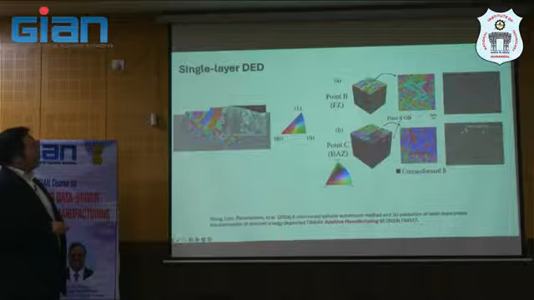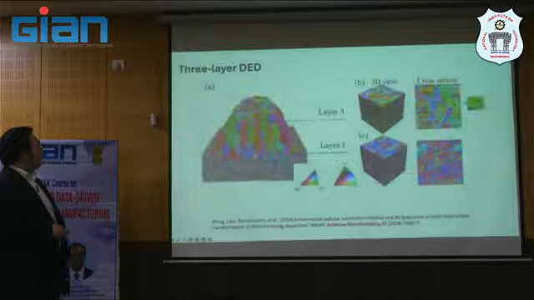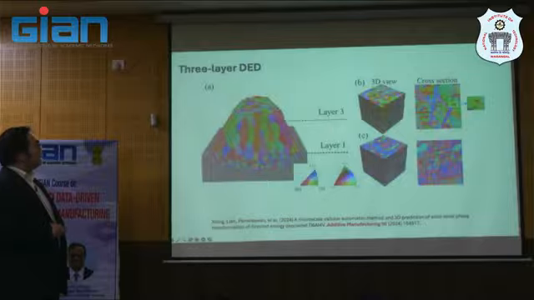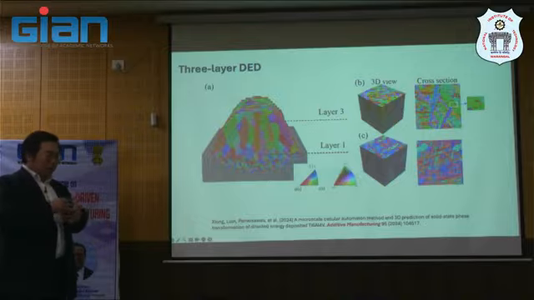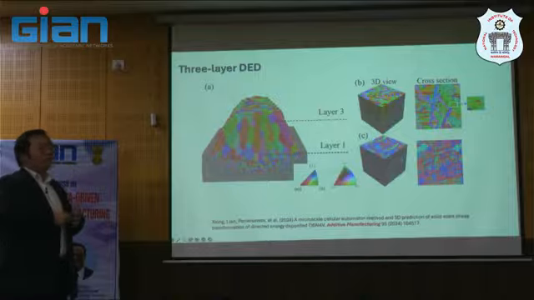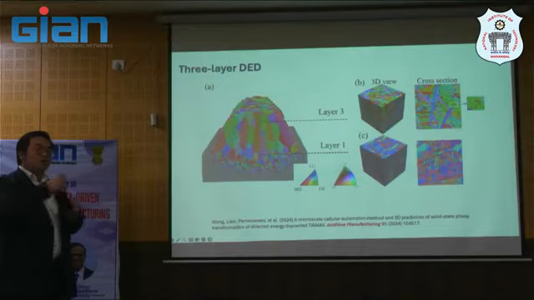This is calculation, it's not characterization actually. This is calculated. And then in the 3 layers, so you can understand the effect of the kinetics and also microstructure development across the characteristic size of the process.